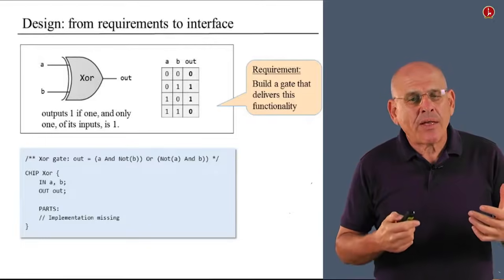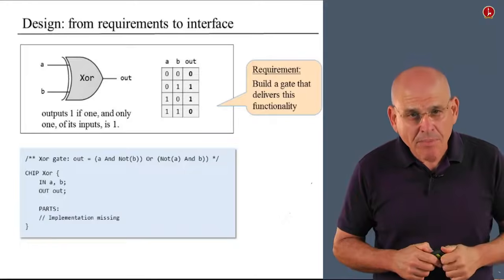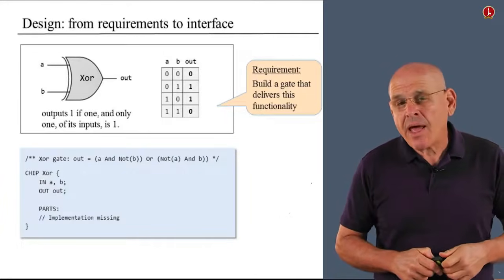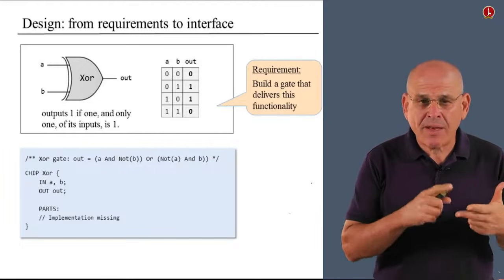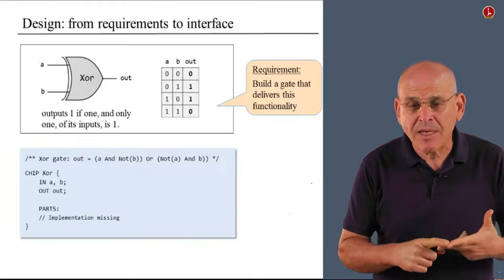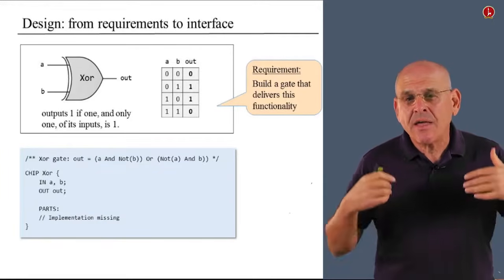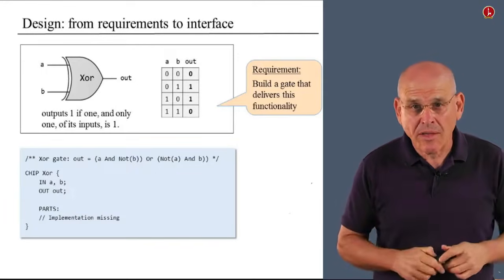And then we specify the name of the chip, the names of the inputs of the chip, and the names of the chip's output. And all this information, by the way, the name of the chip and the names of its inputs and outputs, is typically given to you. It's not something that you decide. It's something which is part of the chip's contract, if you will.